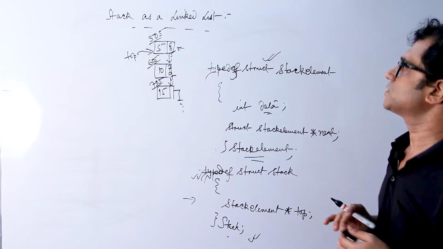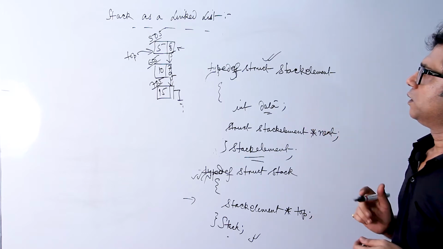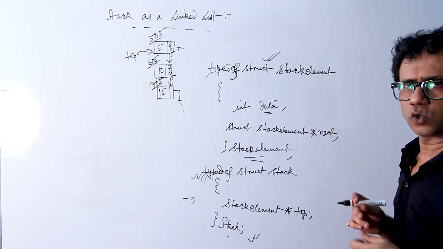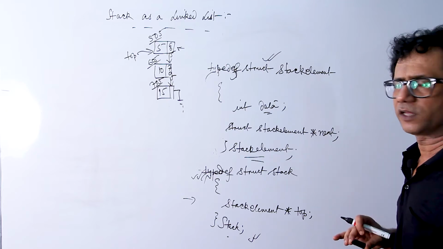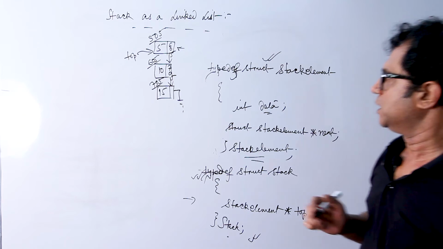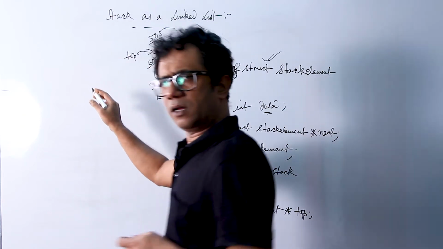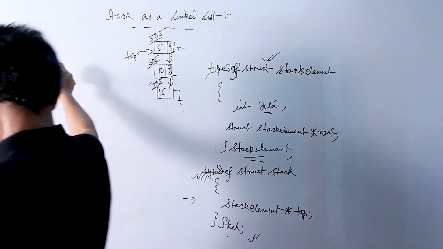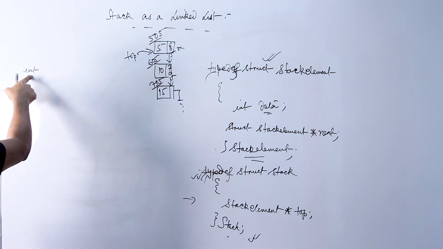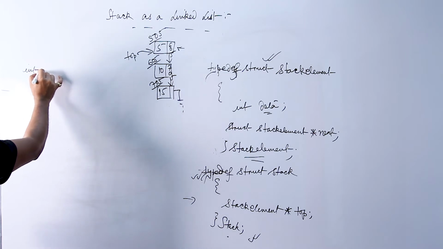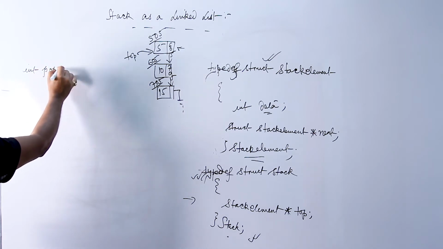So we have to write the function in a way so as to return some integer value from the function, so that we can return 1 or 0 as the case may be. So we are going to write the function code now. Let me write this: the return type is int, the name of the function is pop.